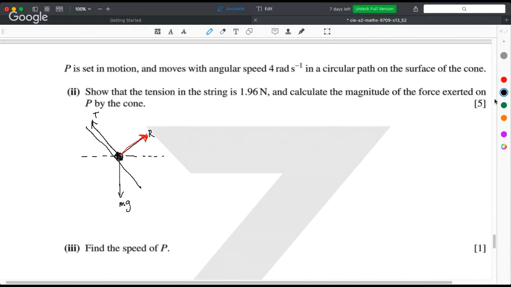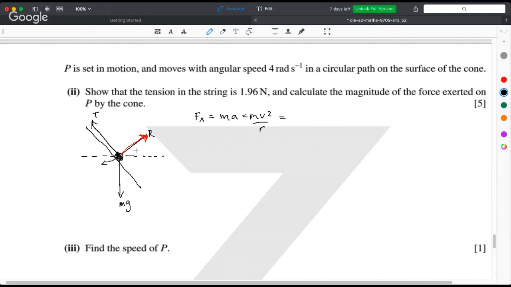If we balance all the forces in the x direction, remember it's not moving in the x direction. Sorry, it is moving in the x direction. It's rotating. So this is going to be ma, and ma is mv squared over r. It's got this rotational motion, and therefore we need to balance things in the x direction.